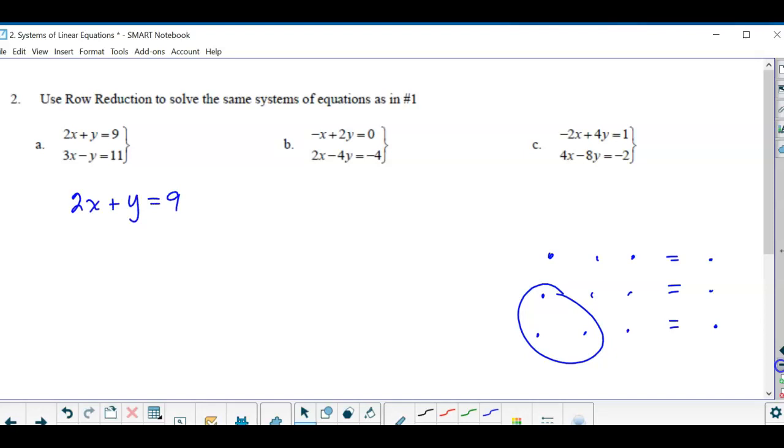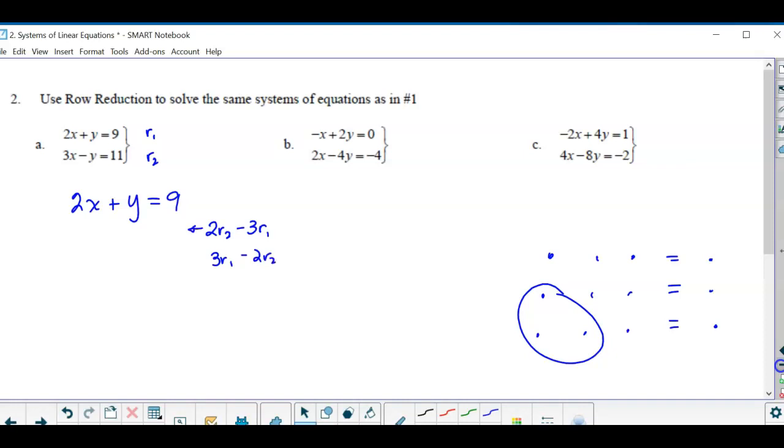And then I'm going to call this row 1 and row 2. So if I want to get this to be 0, okay, I need the same coefficients here. So I would take 2 times row 2 and subtract 3 times row 1. Or you could go 3 times row 1, subtract 2 times row 2.